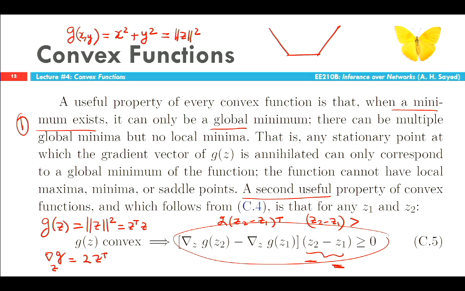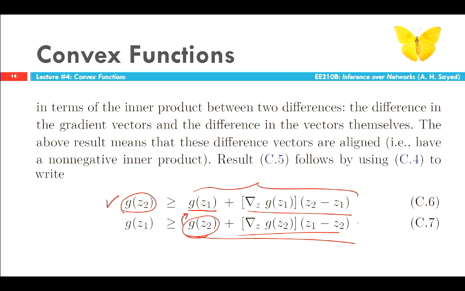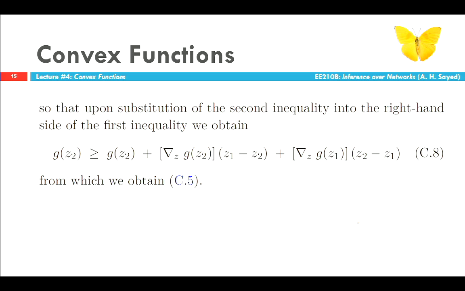So the inner product will always be non-negative, okay? So for this function, this quadratic function, this holds. Remember, these are the vectors, okay? The x, y. Very good. So let's continue. Okay? So I showed you the proof, the argument, okay?